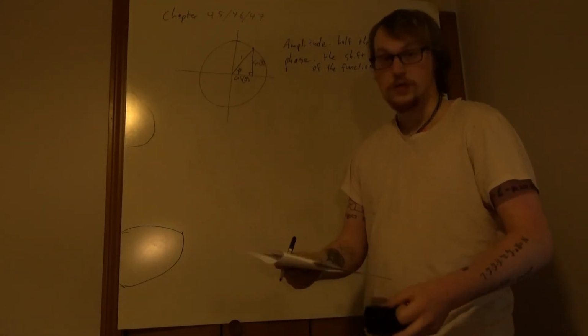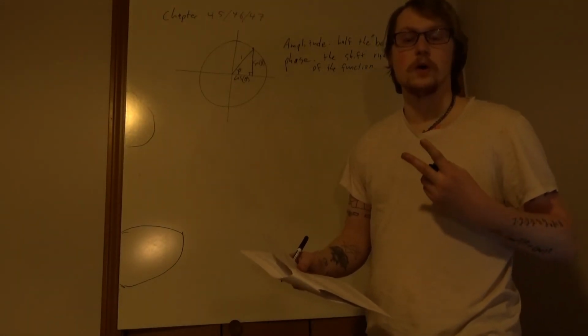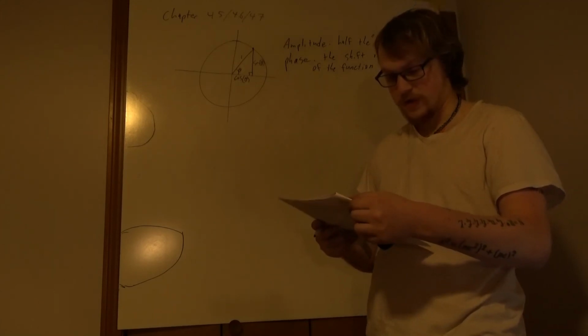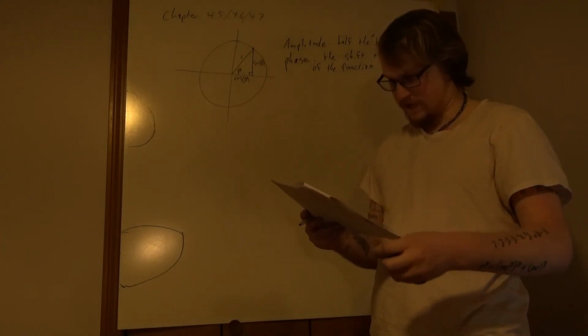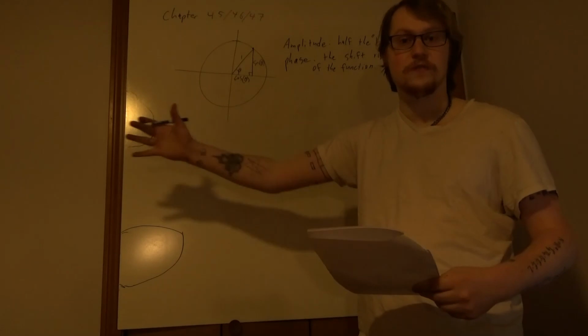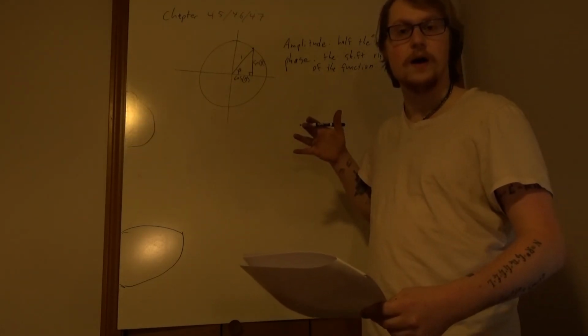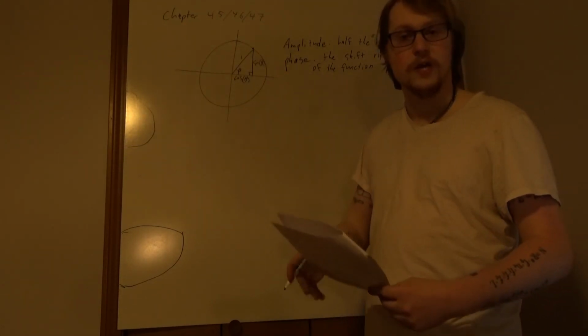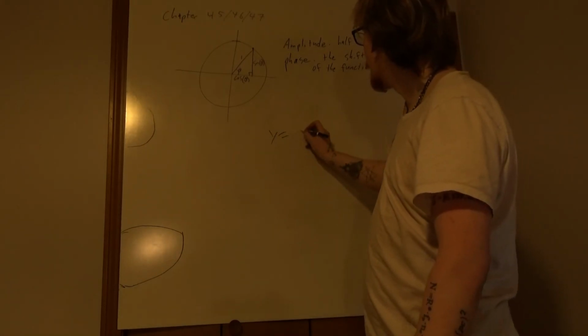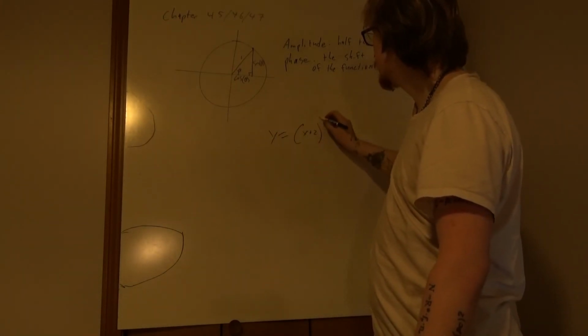But yeah, so we have these two different things we can look at. And effectively what the phase does is shift things forward and back, but not up or down, right? Just like when we have y equals (x plus 2) squared.